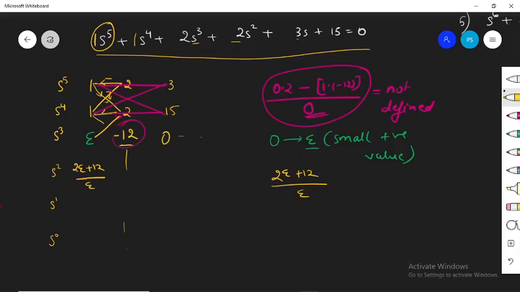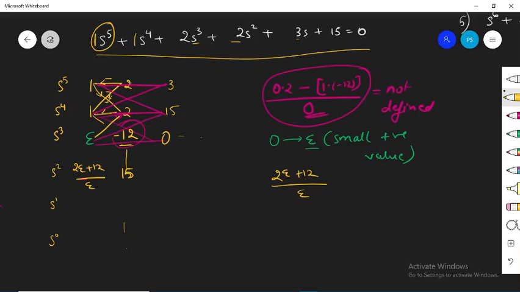This is going to be the first value. Similarly, the second value will be epsilon into 15 minus 1 into 0, divided by epsilon, which comes out to be equal to 15. So this is 15.